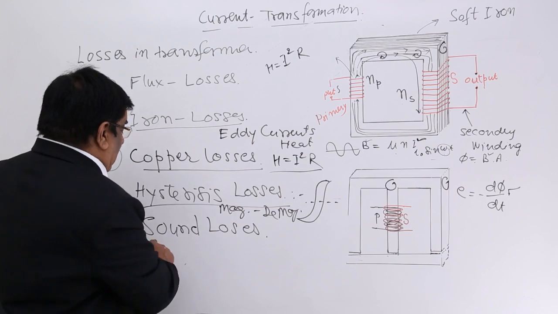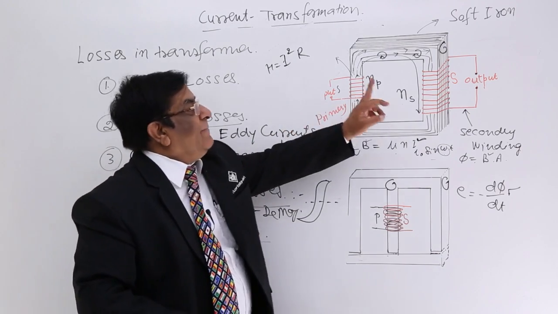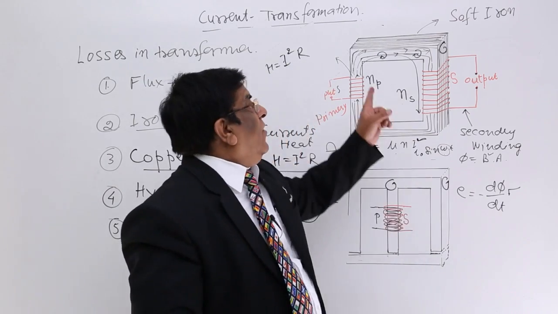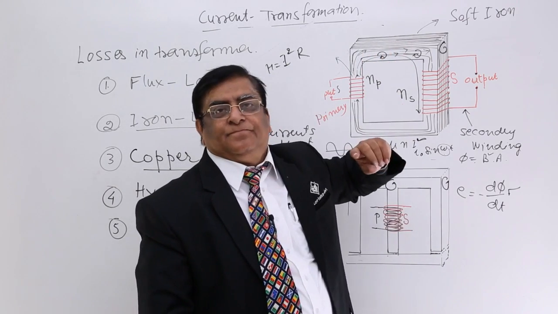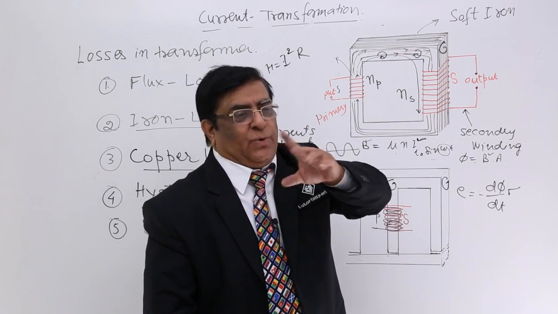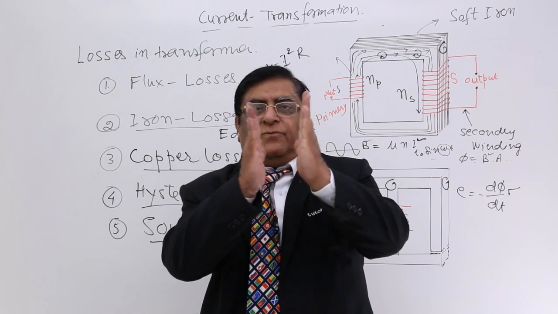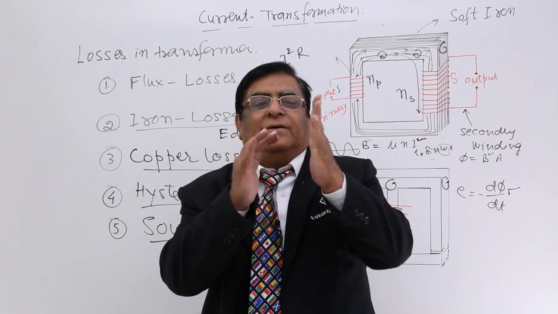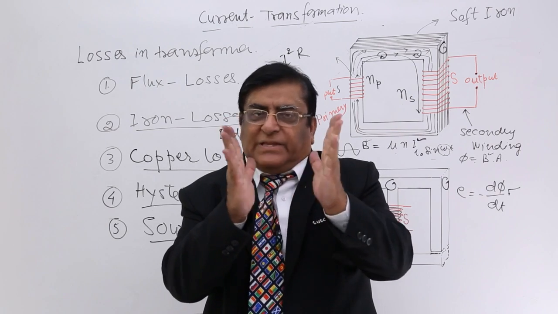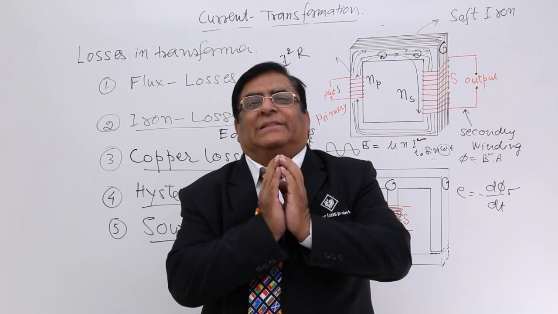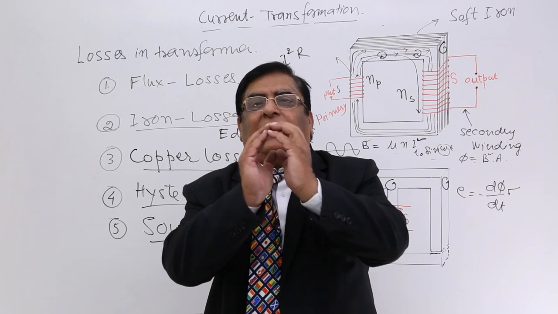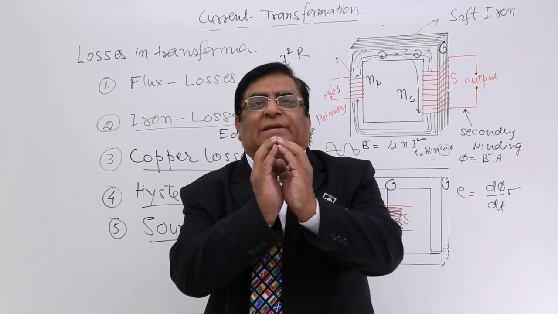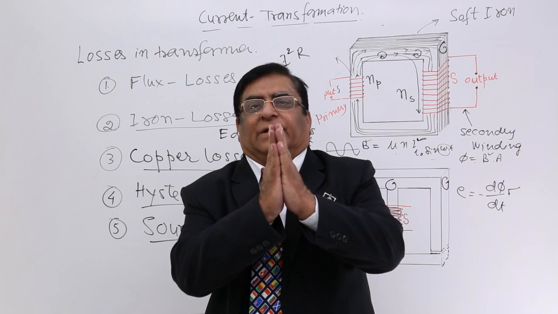Then sound losses. Whenever there is magnetization, all these strips which are tied together, due to magnetization they just make a gap between them due to repulsion. When there is a demagnetization, they join together.